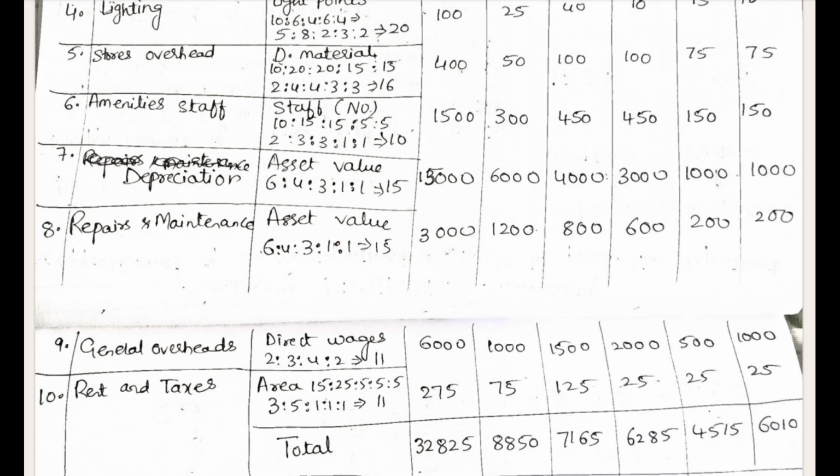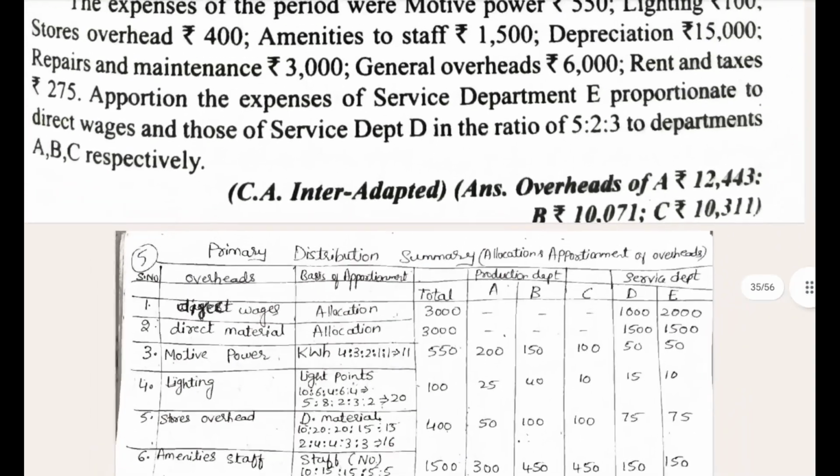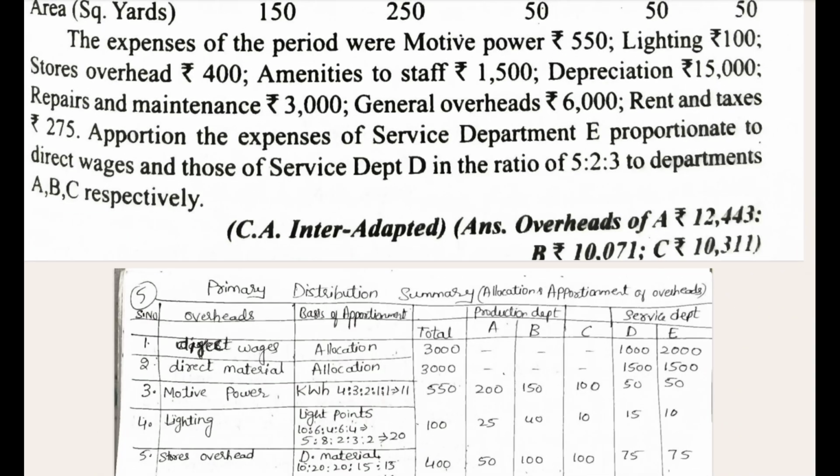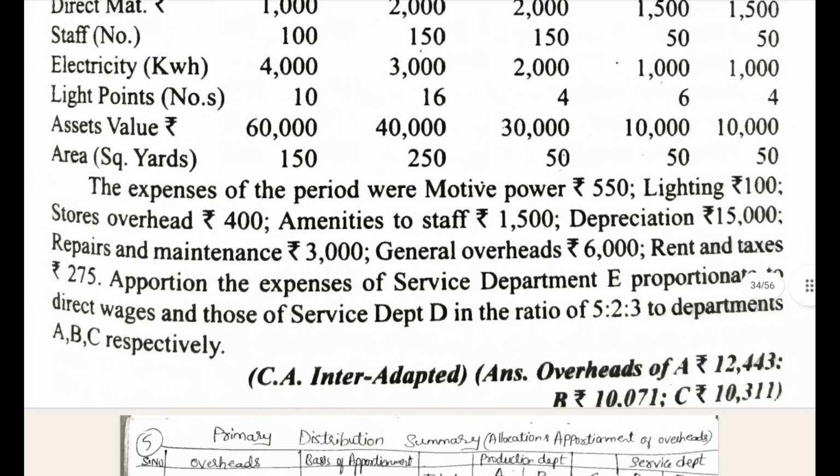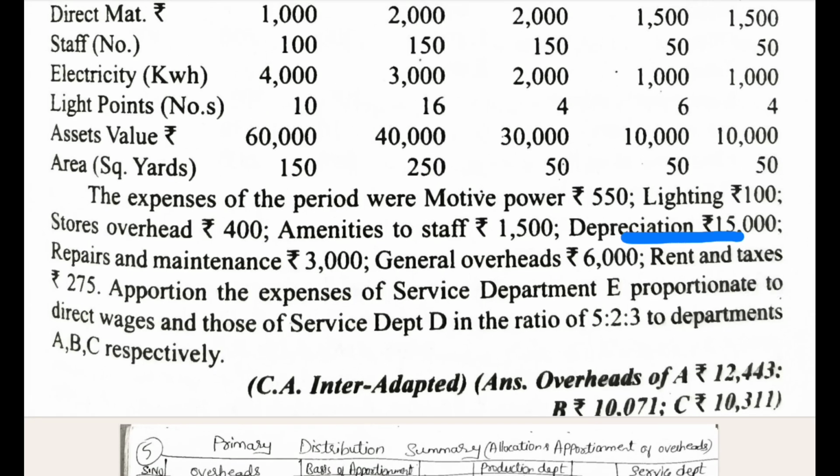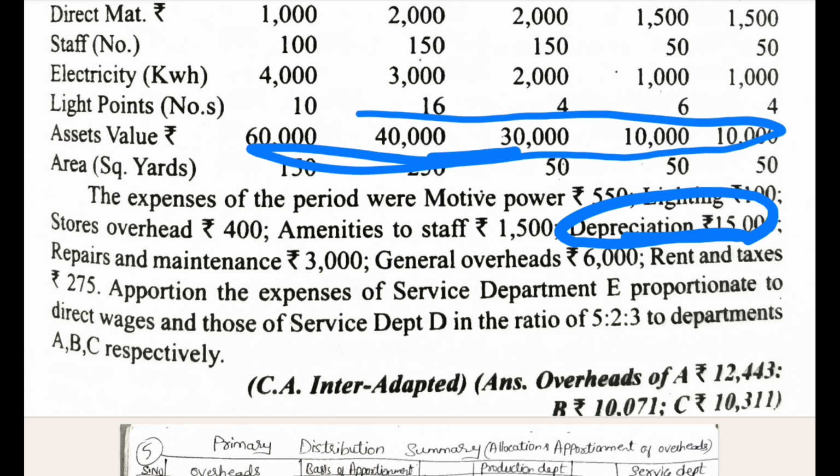Now depreciation. The next overhead we have is depreciation, 15,000. Depreciation we can apportion directly on assets value, 50,000. This asset value ratio you have to take out by removing the zeros. So we can easily remove 4 zeros, and we will get 6 is to 4 is to 3 is to 1 is to 1.